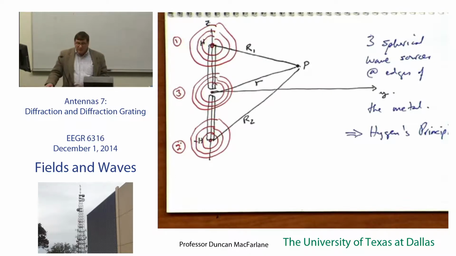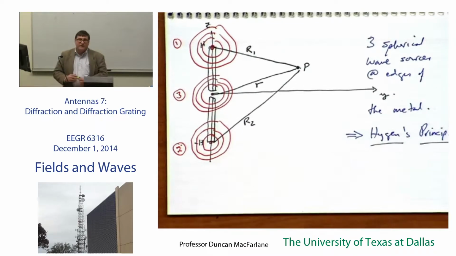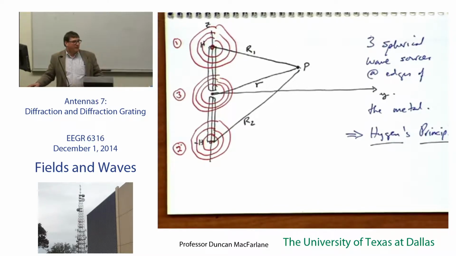And that's what Huygens taught us in the 1600s. Back when the question was whether light is a particle or a wave, Huygens was very clear that electromagnetics and propagation was all about the spherical wave construction.